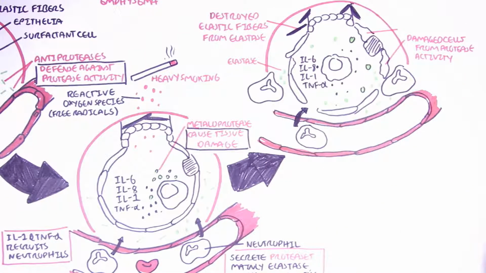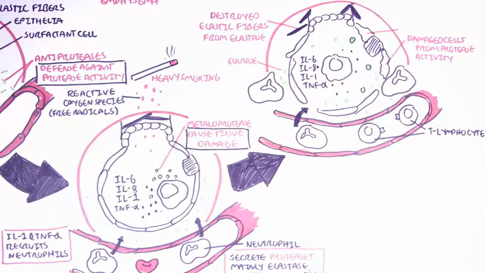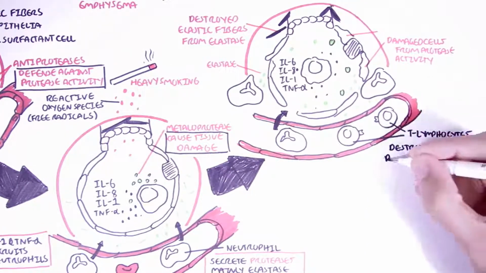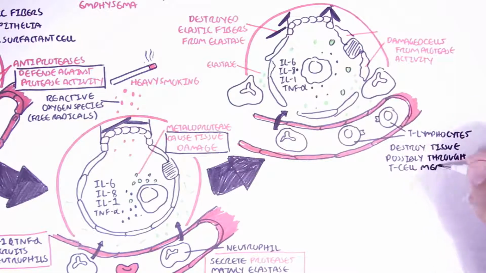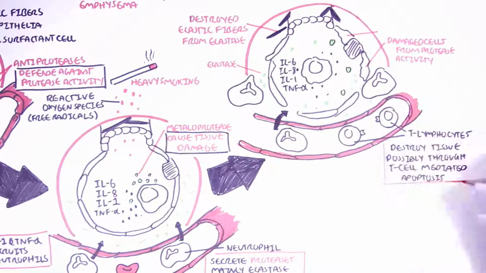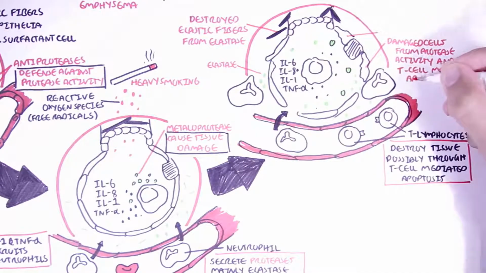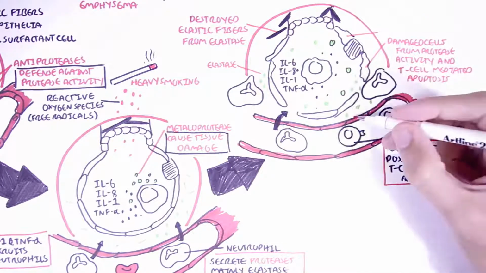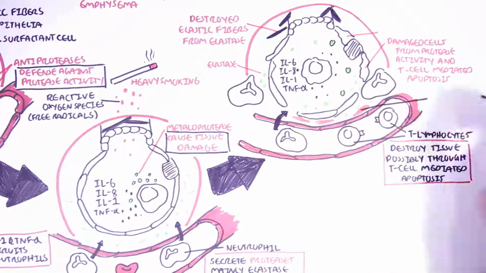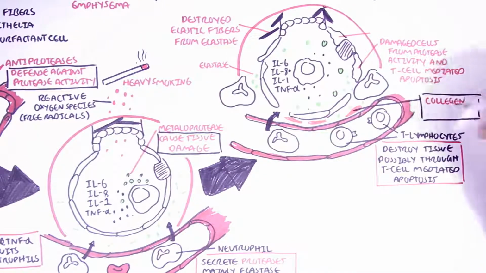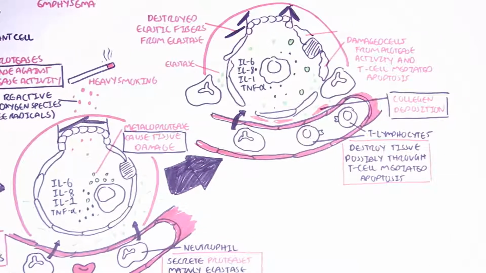As well, we not only see neutrophils and macrophages, there will also be T lymphocytes coming into the area. The T lymphocytes will also destroy tissue, possibly through T cell mediated apoptosis. So the T cells will tell the tissues to basically kill itself. After some time, we also see collagen deposition, possible fibrosis.